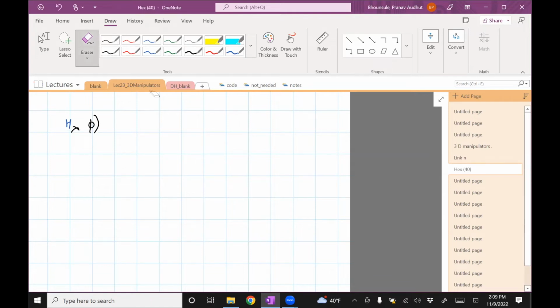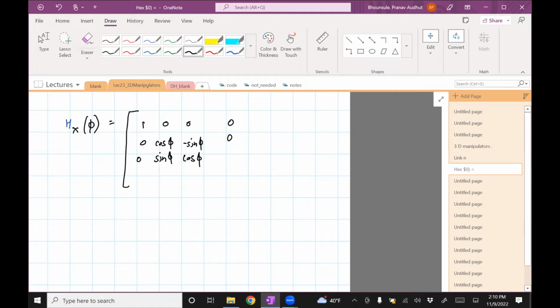So what is the homogeneous matrix associated with rotation about the x-axis? Now, for the x-axis, we used Euler angle phi. And so what we will do is write the homogeneous matrix by taking the rotation matrix first, corresponding to phi: 1 0 0, 0 cosine phi minus sine phi, 0 sine phi cosine phi.